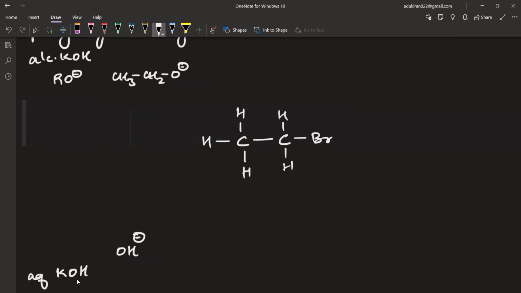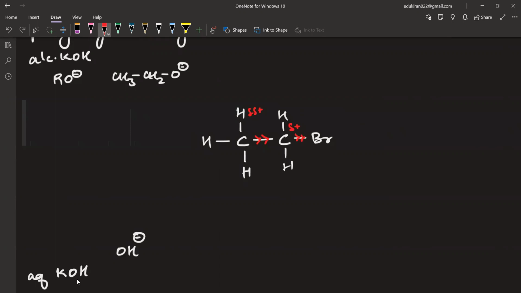Now this carbon is obviously going to get a delta positive charge, because the bromine attracts electrons. Similarly, this carbon will get a slight delta positive charge, and this hydrogen is also going to be delta positive, because it is attached to a carbon which is attached to a carbon which is further attached to bromine. Due to bromine pulling electrons, this inductive effect is set up in all of the atoms.